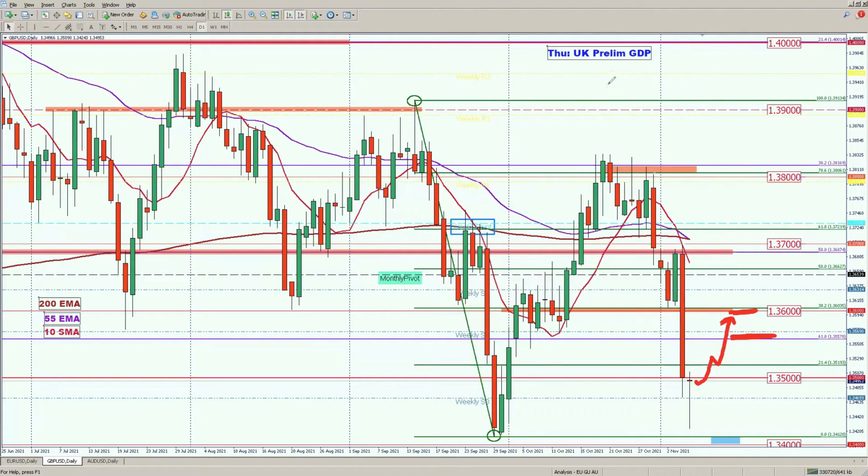This week there's also no major news, just the preliminary GDP figures. No major US news as well. So we'll leave it to the technical movement if there are no fundamental drivers. So we'll see how far this retracement or pullback of the cable is before it could try to retest this low.